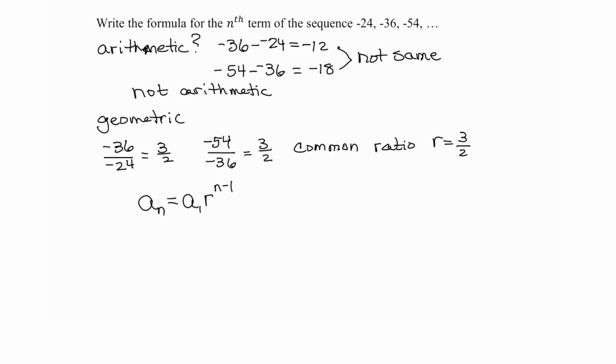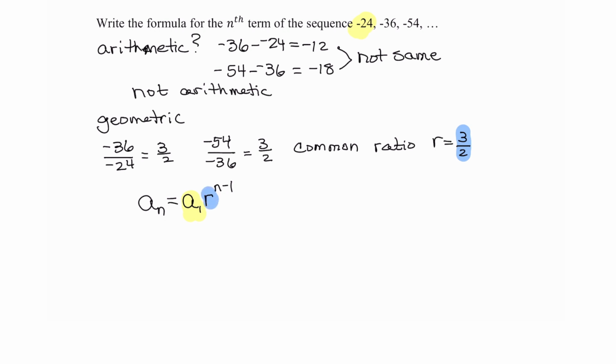So I do have my a sub 1 in this problem is our negative 24, and our common ratio r is 3/2.